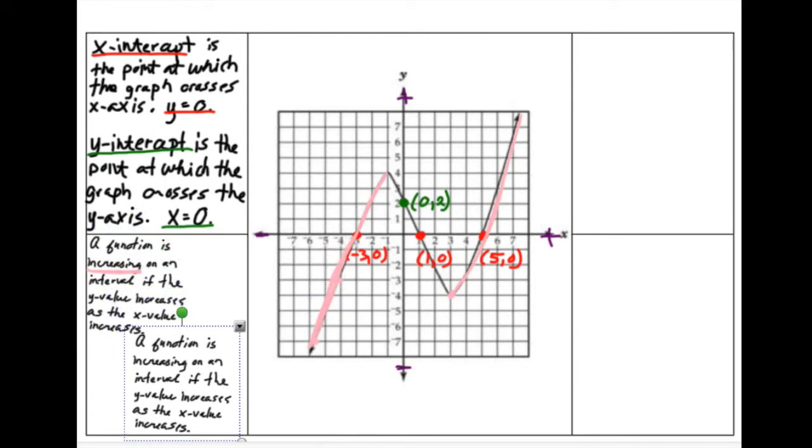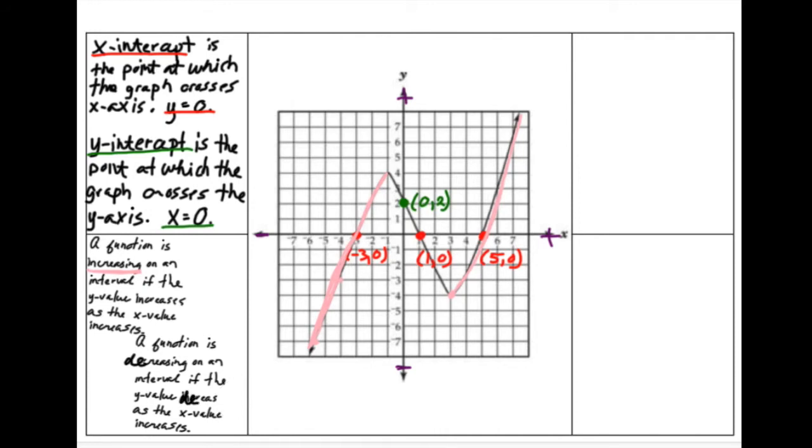So I'm just copying that statement again because I just want to say that if a function is decreasing on an interval, it's if the y value is, this is the opposite now, right? If the y value decreases as the x value increases.